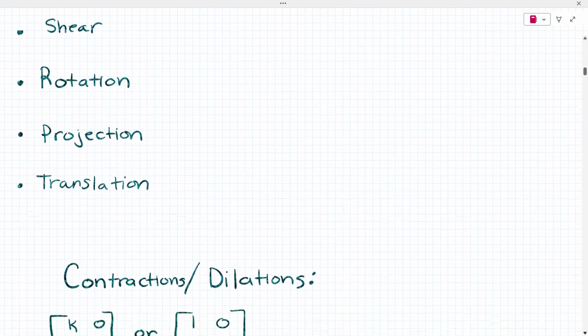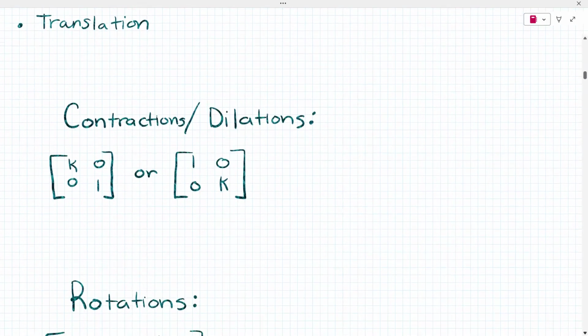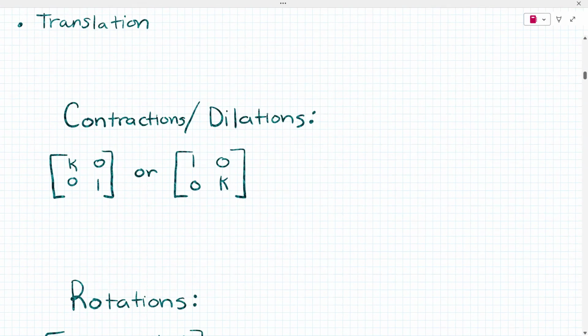Okay, so let's talk about contraction and dilation. If you recall, dilation makes it bigger or smaller, right? So here we have a 2D point, an XY. To do a contraction, it's going to be K, 0, 0, 1.